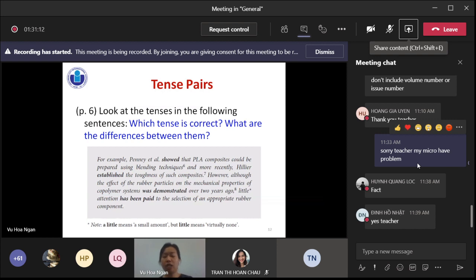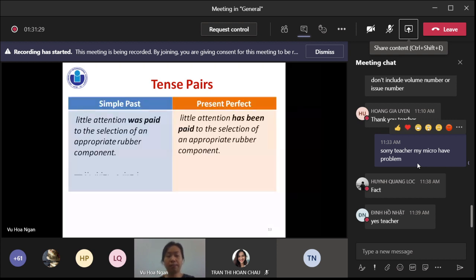But with little attention has been paid, that means in the past attention was not paid enough, right? And until now, people still ignore the issue. Does that make sense? So if you use simple past, it started and completed in the past. And with the present perfect, it is unsolved.